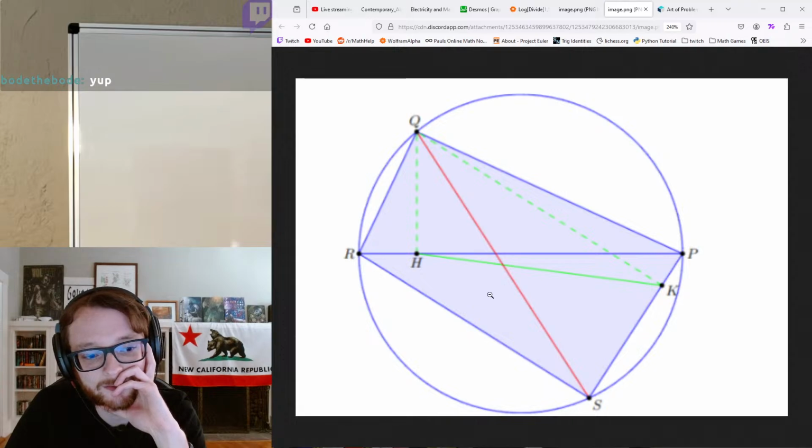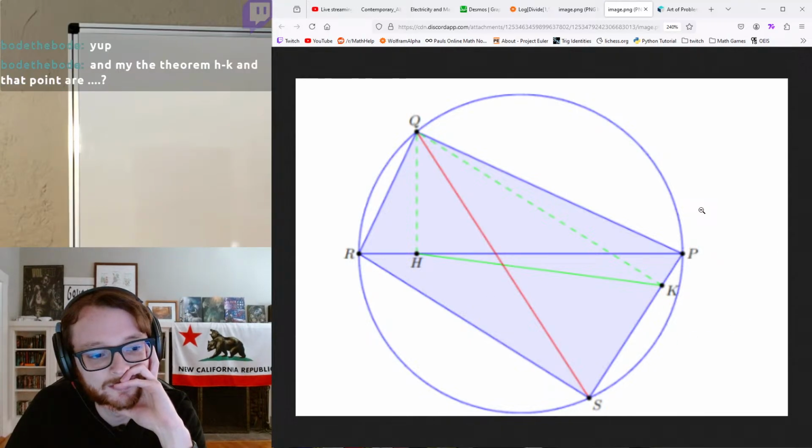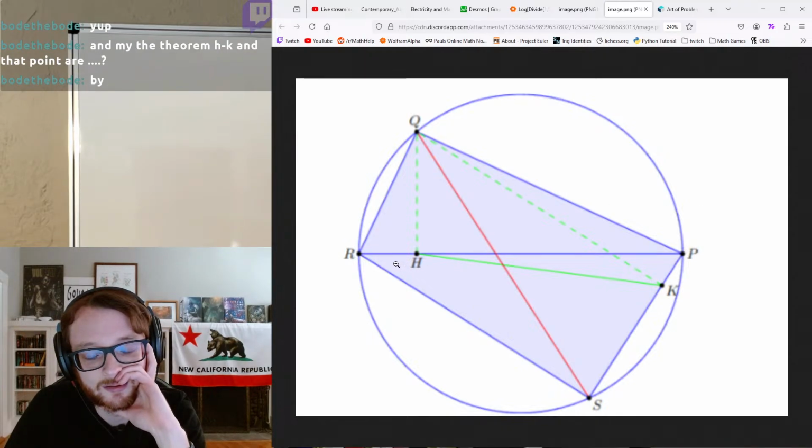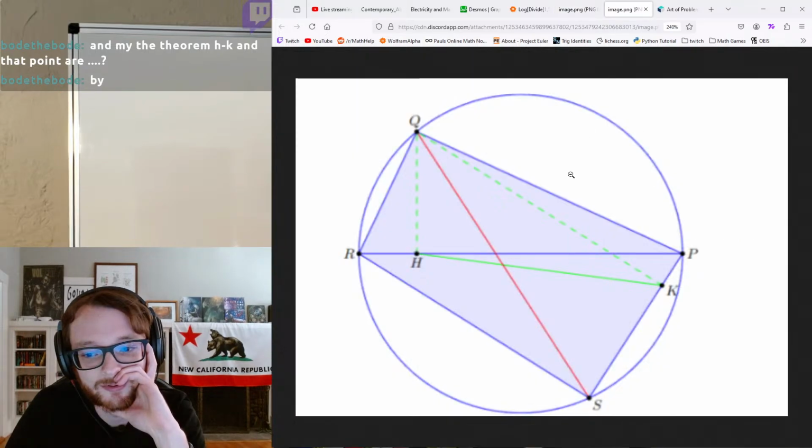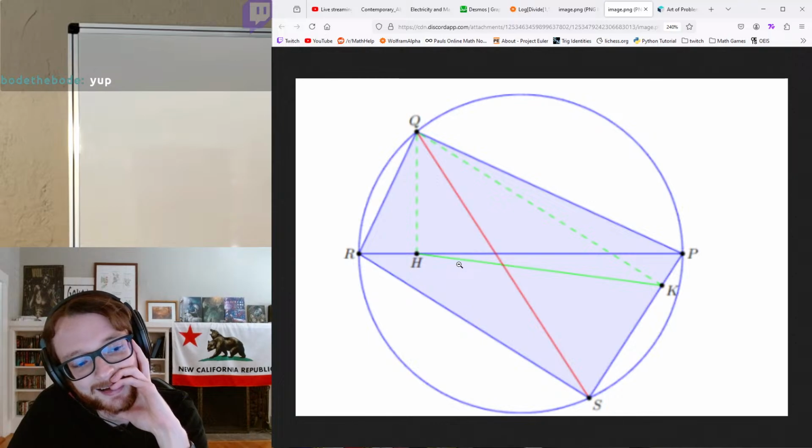Wait, but then theorem that HK, they're collinear? Wait, prove that HK bisects SQ. HK bisects SQ. I don't know how that helps.